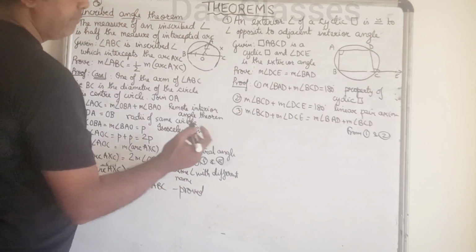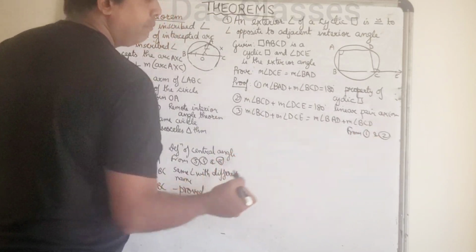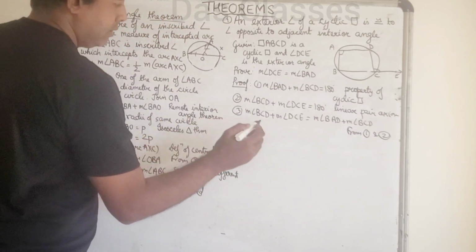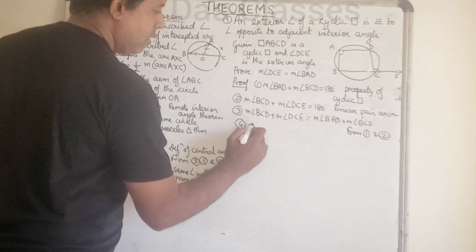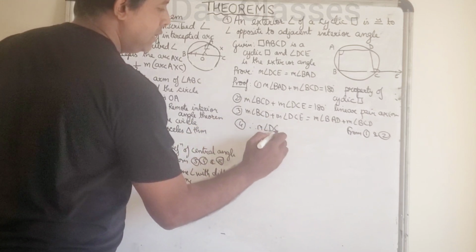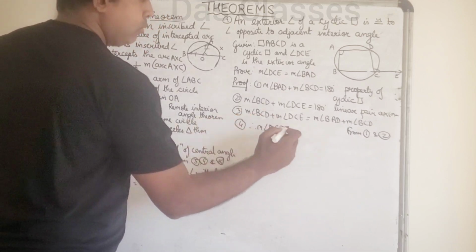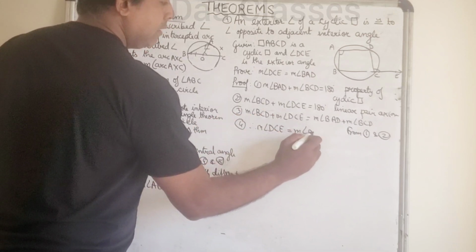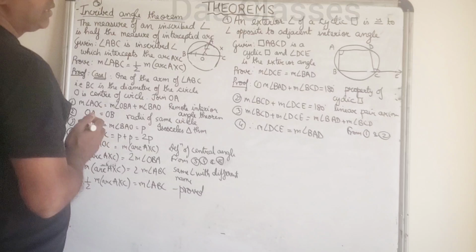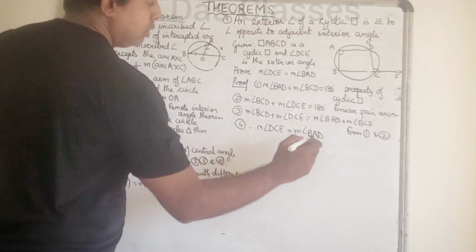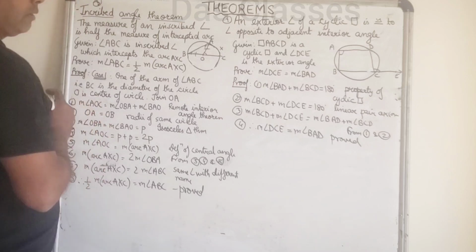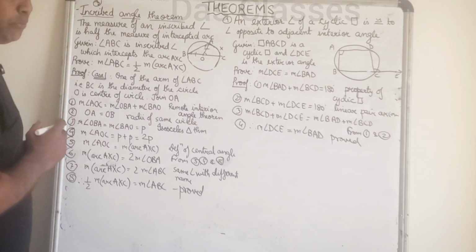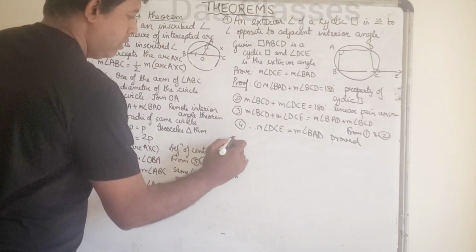Now see, both sides have BCD, so we can just cancel it, because it will be the same. Therefore measure angle DCE will be equal to measure angle BAD. That's what we needed to prove. Proved. 3-step proof, but an important proof.